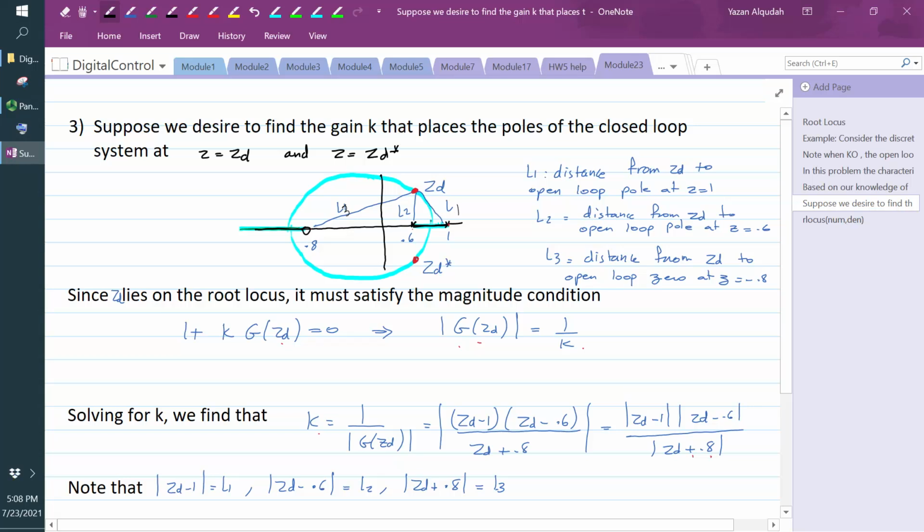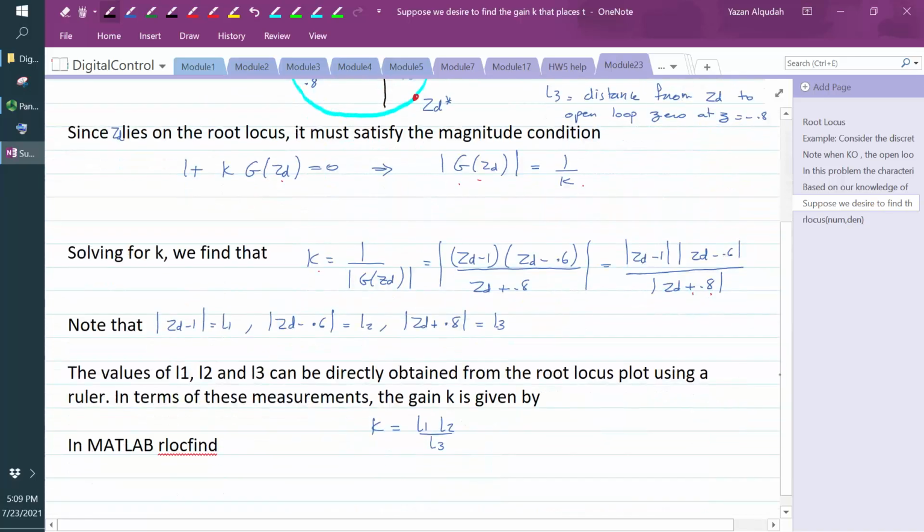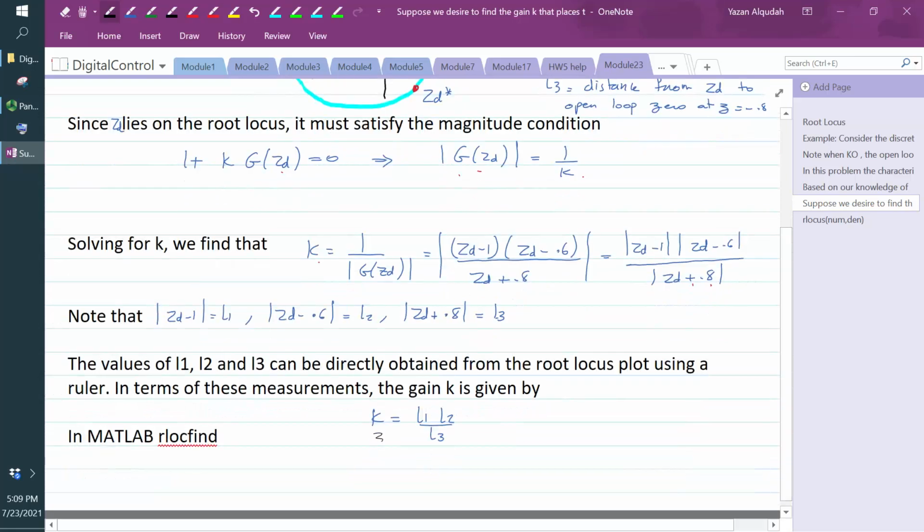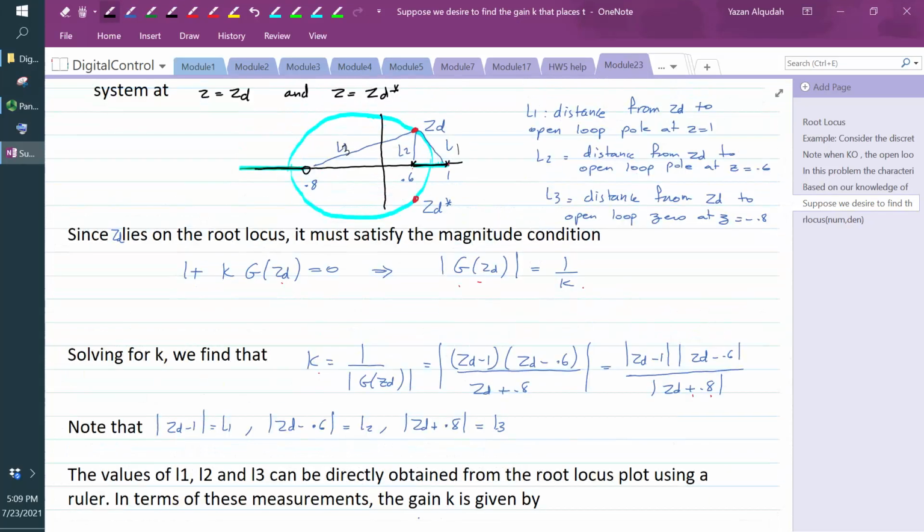So the distances to the open loop poles divided by the distance to the open loop 0. Okay. So again, if we want to graphically calculate the value of this gain that will result in the system operating at any point, I just have to calculate this distance L1, this distance L2, multiply them, multiply the distances to the poles, divided by the distance to the 0.